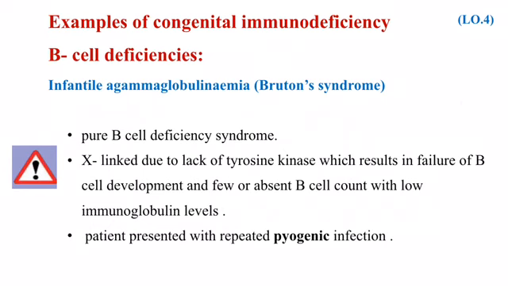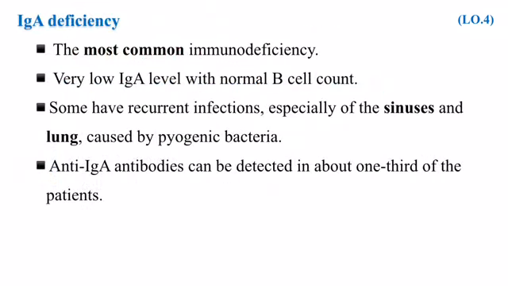Now IgA deficiency. The most common immunodeficiency is IgA deficiency. Very low IgA level with normal B cell count. The B cell count is normal but the level of IgA is very low in this kind of patient.